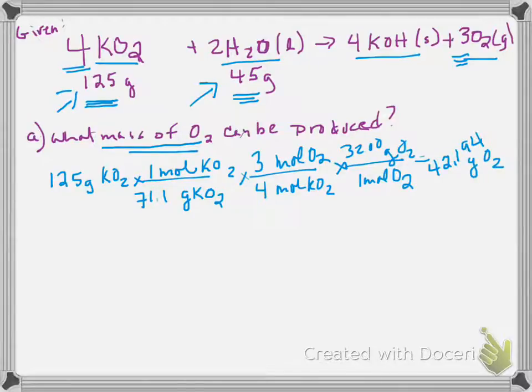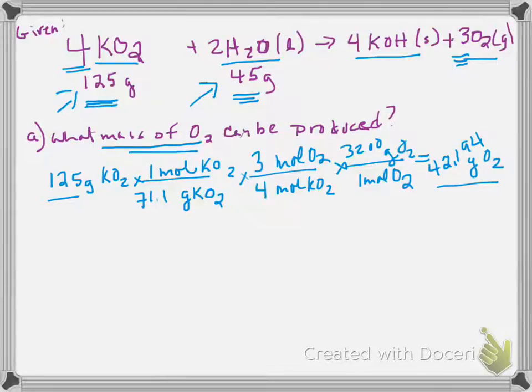I'm not rounding to a final answer yet, and I may have to use this as an intermediate, so I'm going to copy more significant figures than I need. So this is the amount of oxygen that can be made if I have an excess of water for my 125 grams of potassium superoxide.